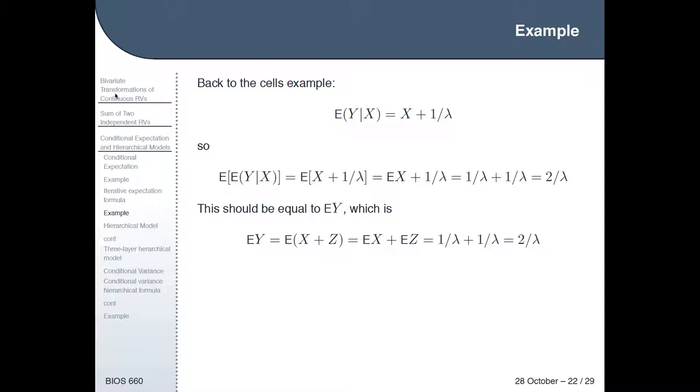Y is just defined to be x plus z, so that's the expected value of x plus the expected value of z. 1 over lambda plus 1 over lambda is 2 over lambda.